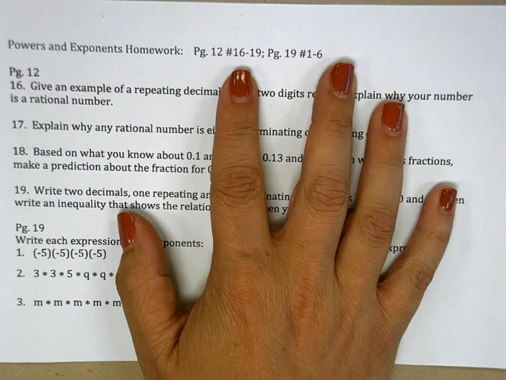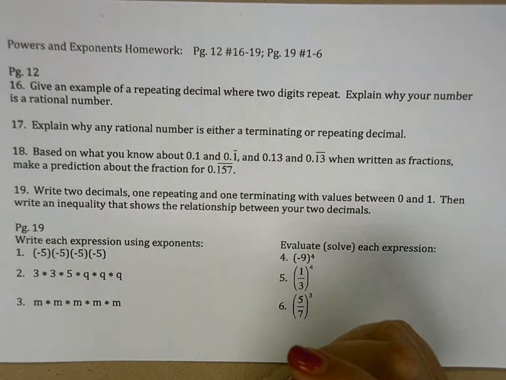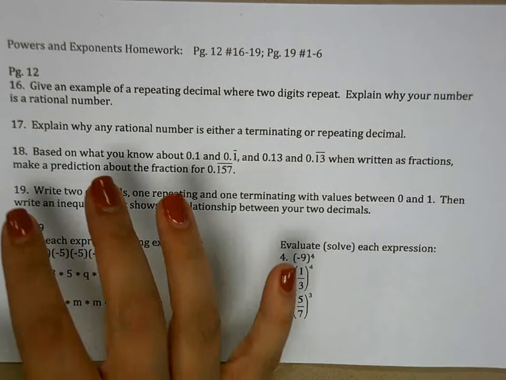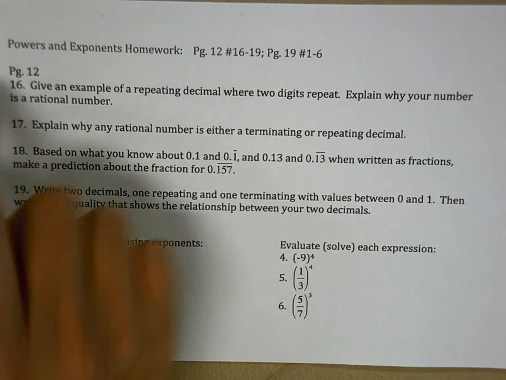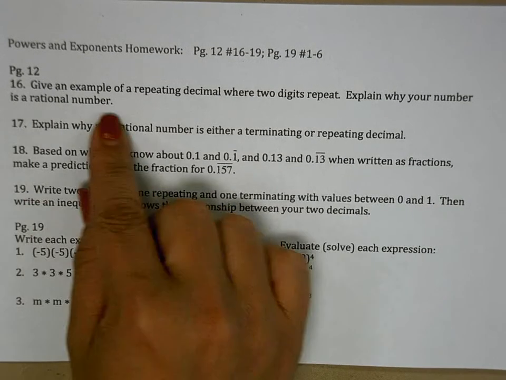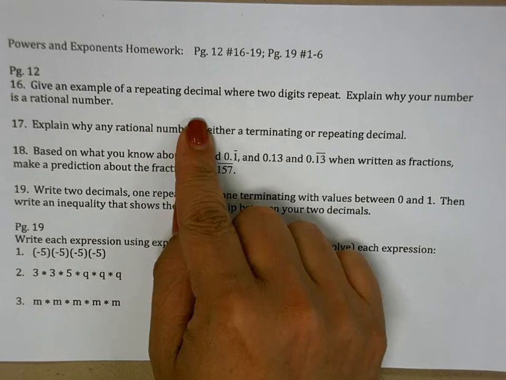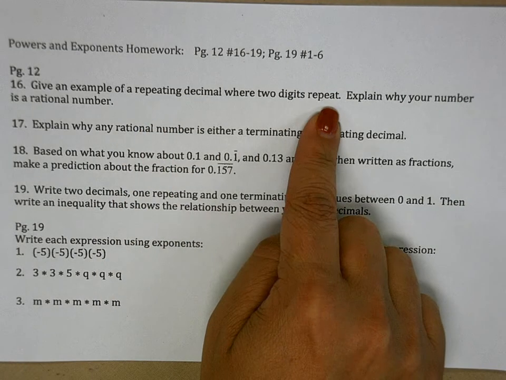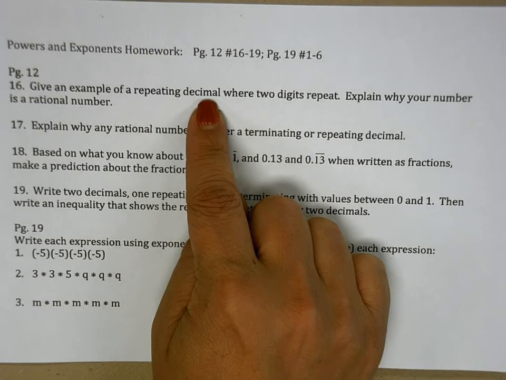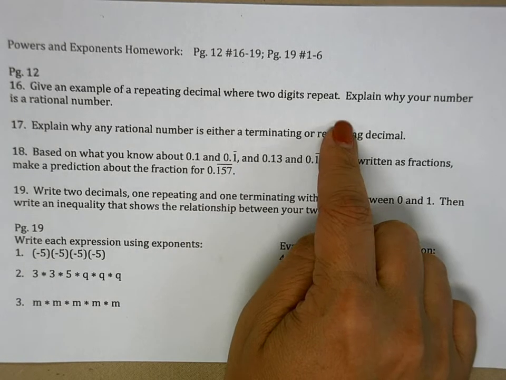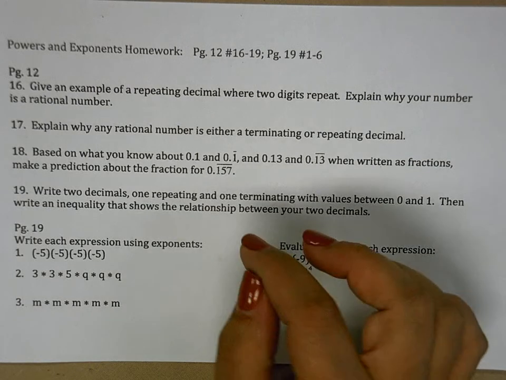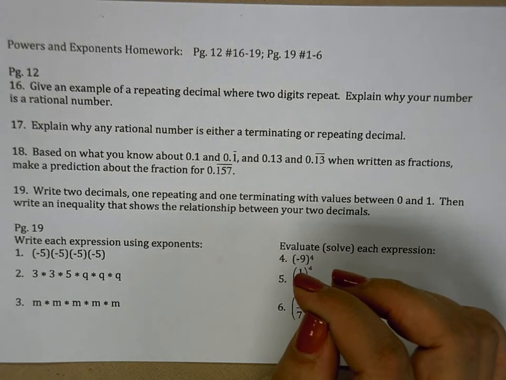If you want to make notes on your paper as I'm going over them, that's fine, and then I'll pass this to you. But if you think you're going to forget, you can write number 16 and write down what I say. So number 16 says, give an example of a repeating decimal where 2 digits repeat. Raise your hand if you can tell me a repeating decimal where 2 digits repeat. There's a bunch of them in your notes. Tegan? 3.141414. Good. 3.14, and you could put a bar, that line over the 1-4.